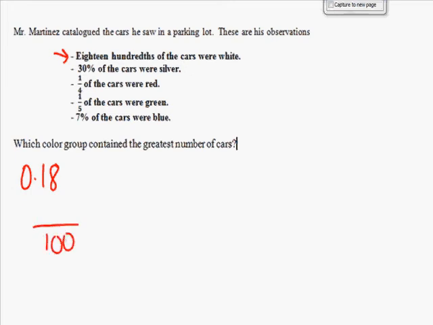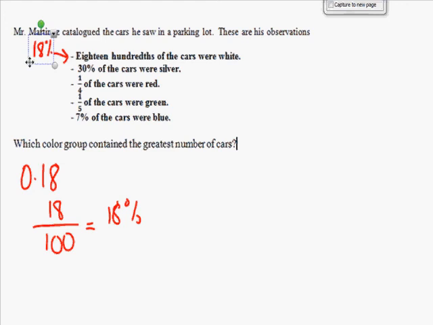And if there are 18 hundredths, that means the numerator is 18. You'll recall that the denominator of any percentage is 100. So if I have 18 over 100, that is 18%. So that means 18% of the cars were white.